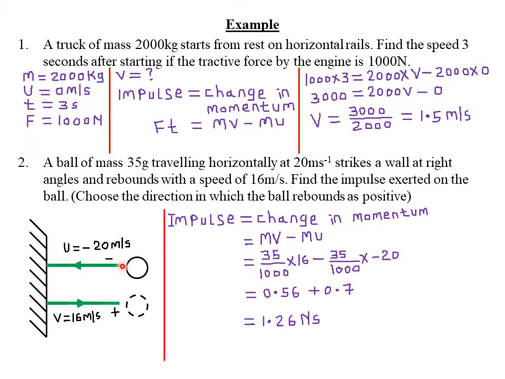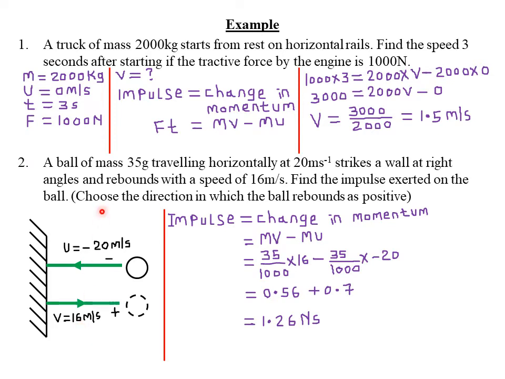That is the angle between the line that represents how the ball is traveling and my wall. They are perpendicular, and the ball rebounds with a speed of 16 meters per second. So after the ball hits this wall, it moves in the opposite direction at a velocity of 16 meters per second.